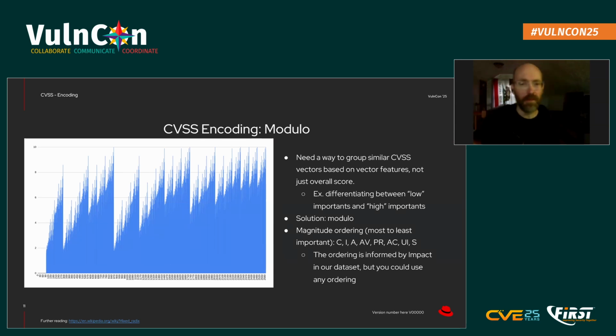Right, so our observation here, when we were thinking about how we can express CVSS as a continuous value, which is to say, we don't want to treat each of the individual elements as their own dimension, because for some of those elements, like scope, for example, there are only two possible values.